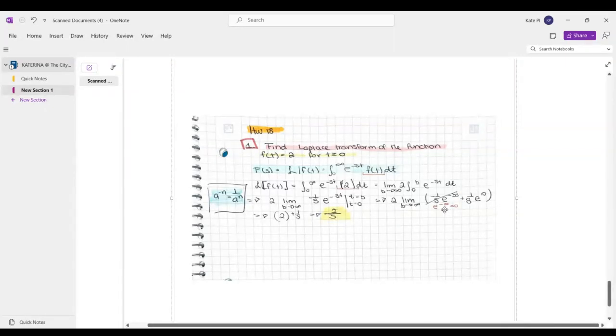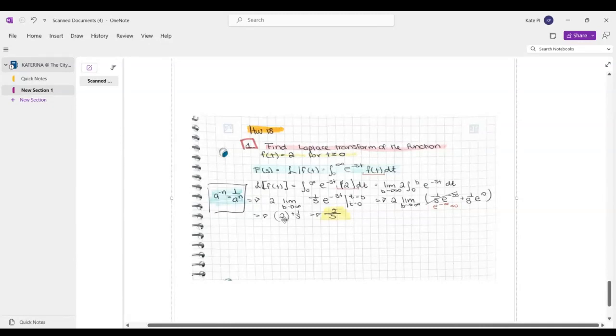And then the first function cancels out, because when it's e to the power of negative infinity, it equals 0. What we are left with is a positive 1 over s, because e to the power of 0 is 1.